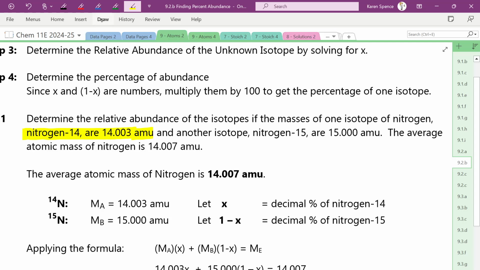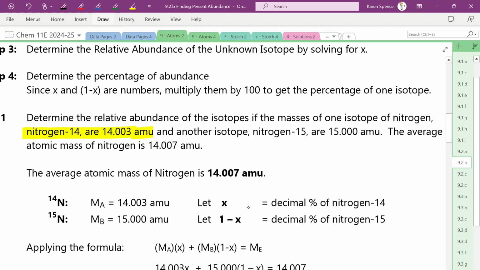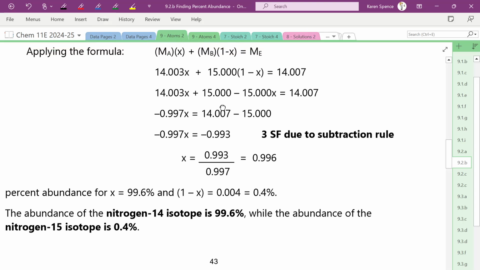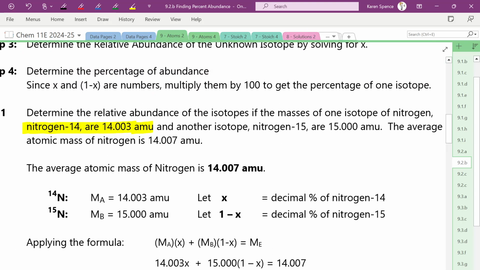This is back on page 43. We have our second isotope, nitrogen 15, mass of 15.000 AMU. And we have the average atomic mass of the two together.